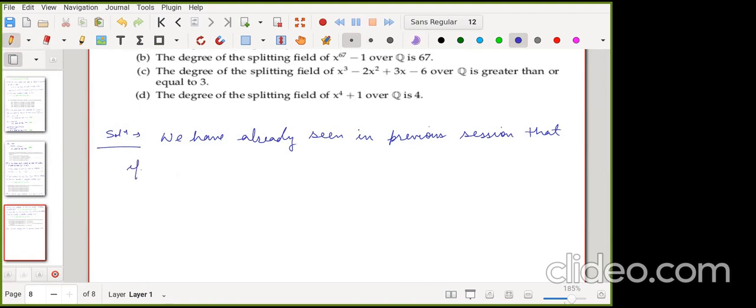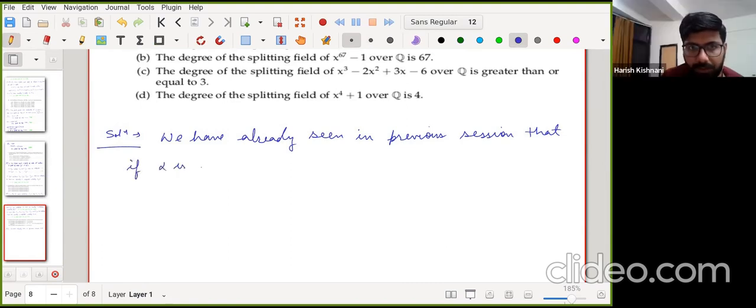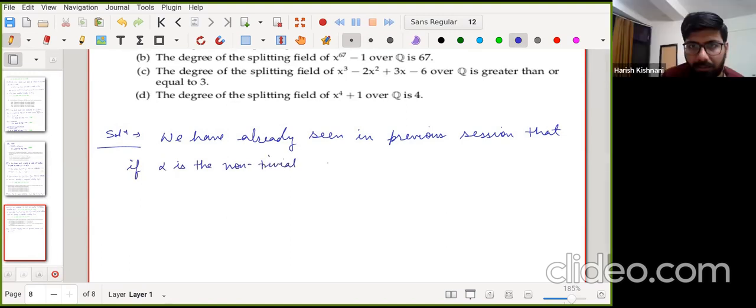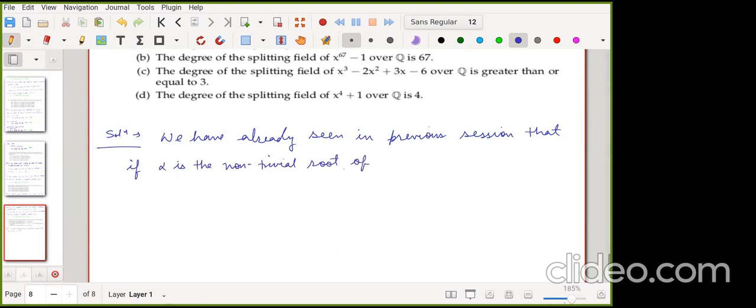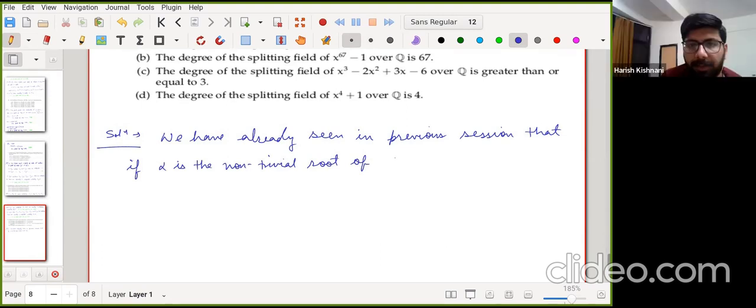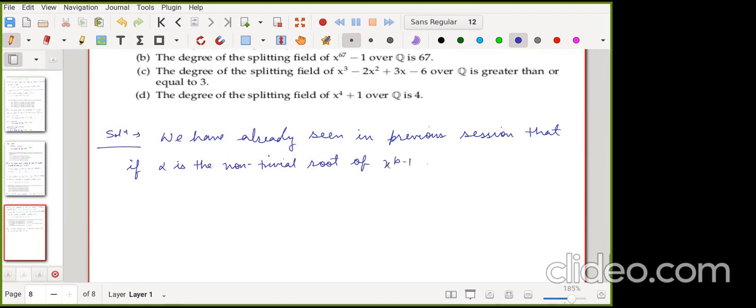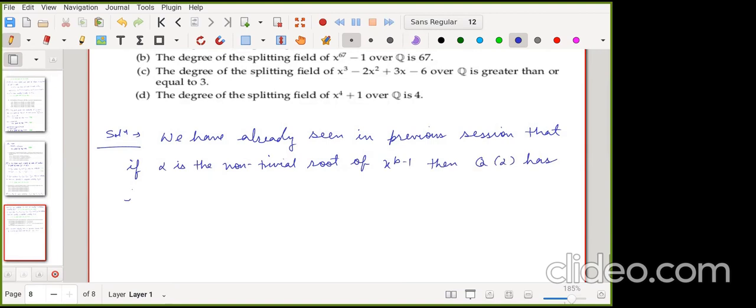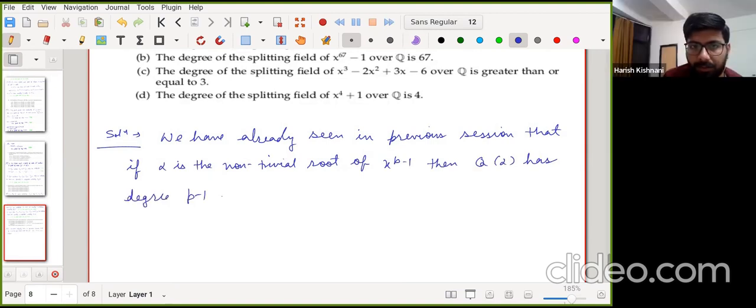If alpha is a non-trivial root of x^p minus 1, then Q(alpha) has degree p minus 1 over Q.